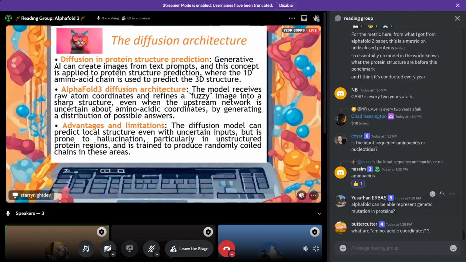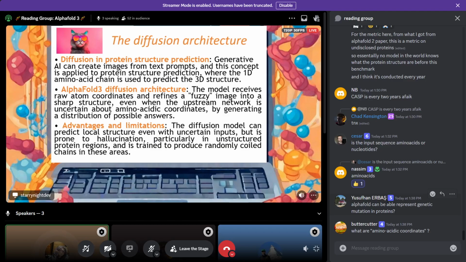The technical term for it is random coil, and as you can hear from this, it seems pretty much unstructured. So you can easily recognize it and see, okay, AlphaFold 3 predicted an unstructured region here.